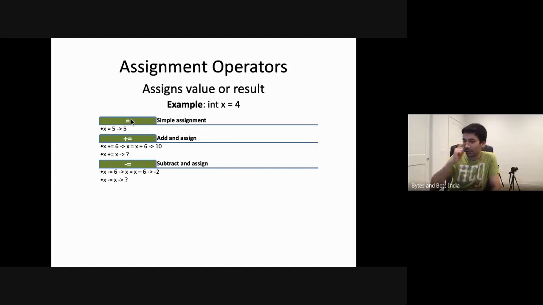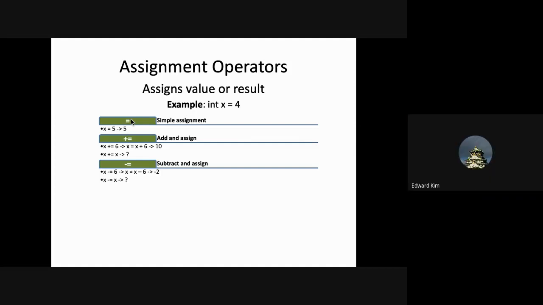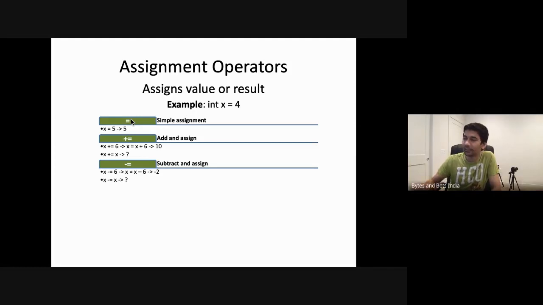So we can expand the expression. So x minus equal to x would be similar to having x is equal to x minus x. So 0. Yeah, that's right.